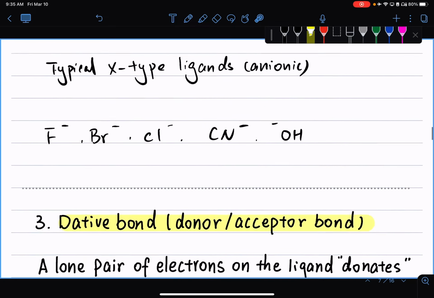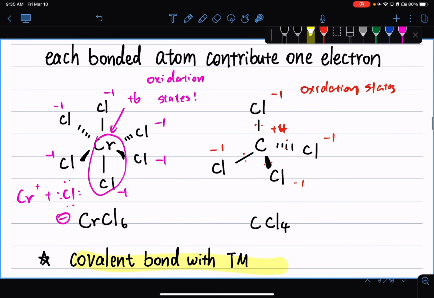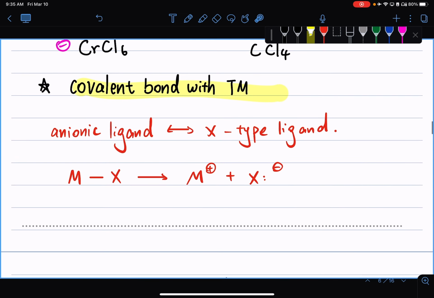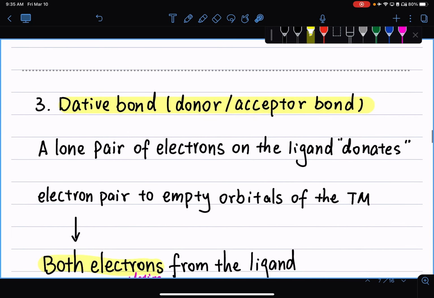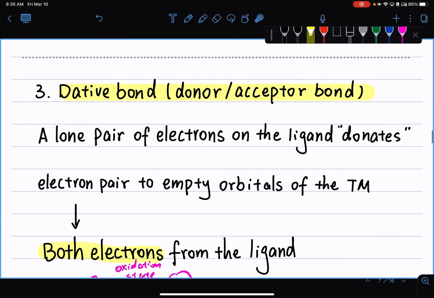The covalent bond is like the covalent bond in the main group molecules. It's an X-type ligand, it's anionic, and if you break that covalent bond, what you get is a metal cation and the ligand anion.